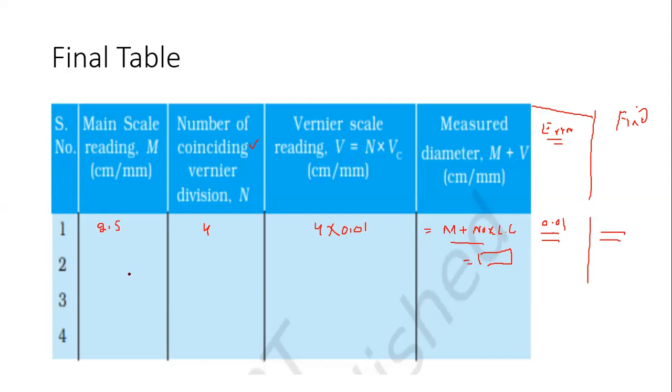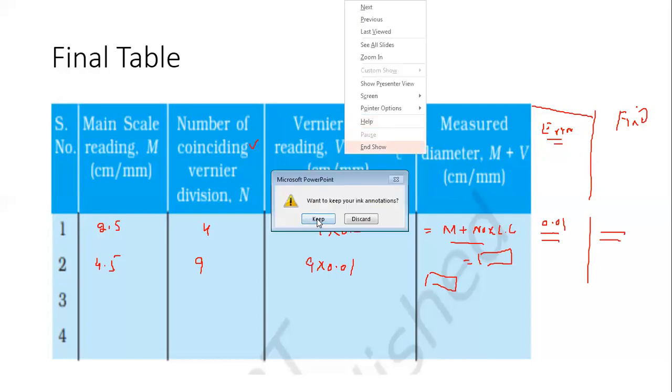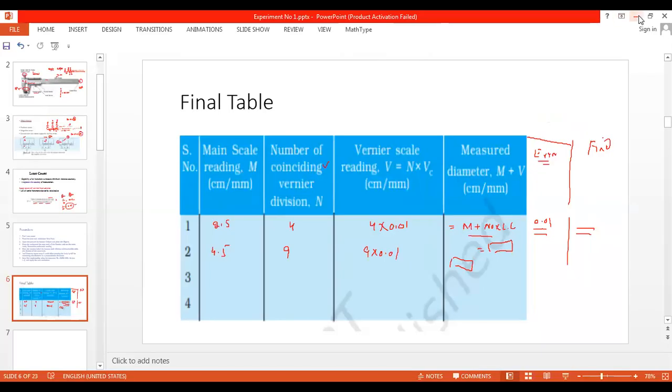Similarly, you can give another observation like 4.5, with the 9 line parallel to the main scale reading. So 9 multiplied with your least count, and you will add this value. Clear? So this was our first experiment for measuring instrument.